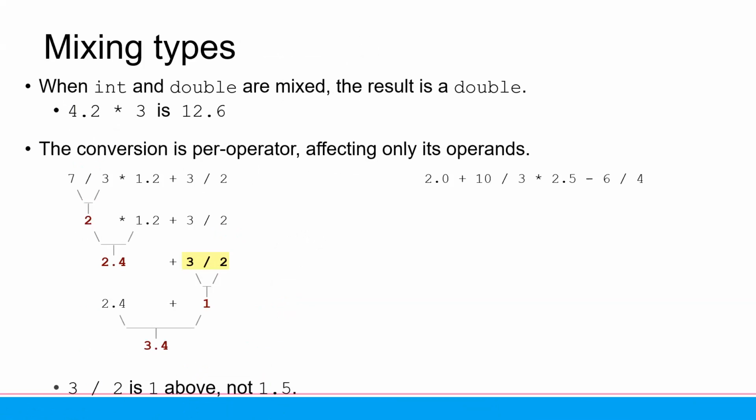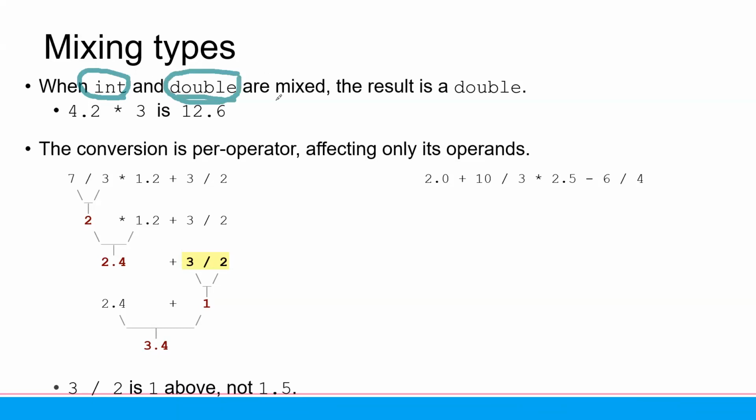Now, there's a problem if we have mixing type. What is the mixing type? We have the integer and we have double. Int means integer. The integer is the natural number, like 1, 5, 10, and so on. Double means the real number with decimal.